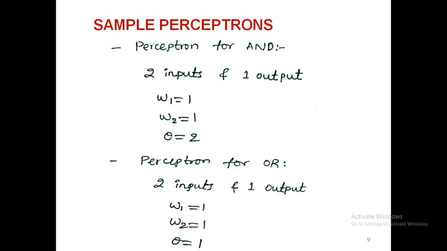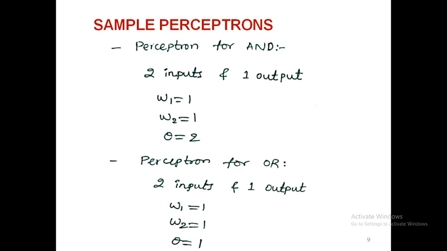As a sample perceptron, even in the McCulloch-Pitts neuron model we have seen AND and OR, and how the McCulloch-Pitts model works. That's what we have seen in the first unit.